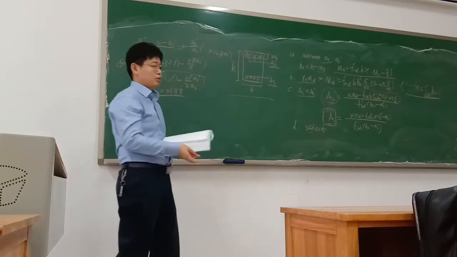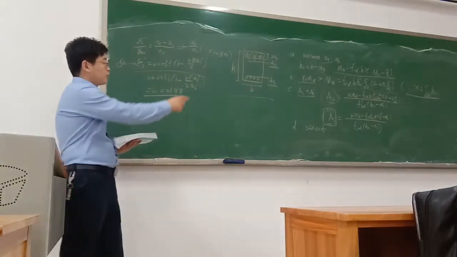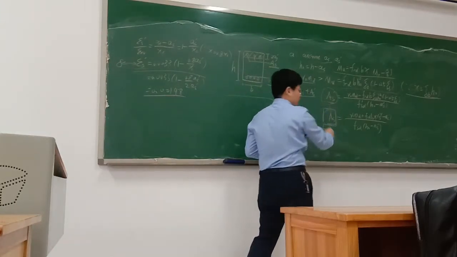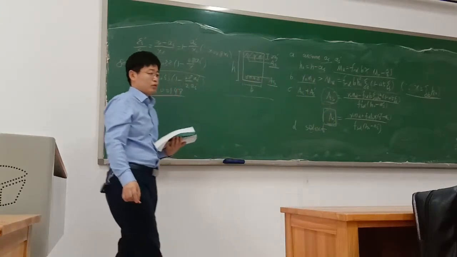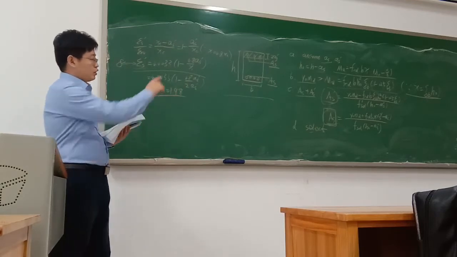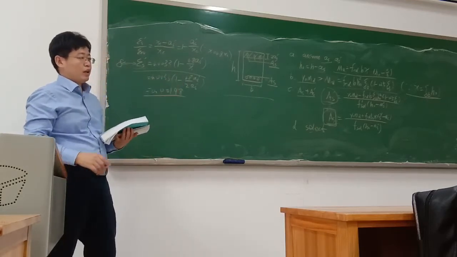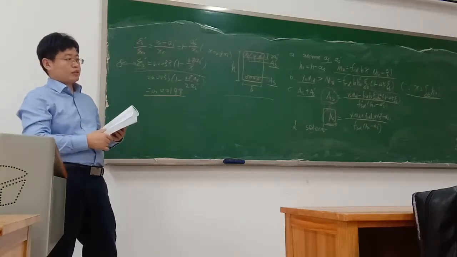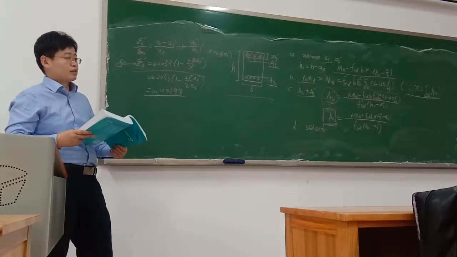So how to calculate it? It's a little bit different from the previous situation. In that situation, AS prime and AS are both unknown and you need to solve them, while in this situation I give you AS prime. So what's the difference? The steps are different.